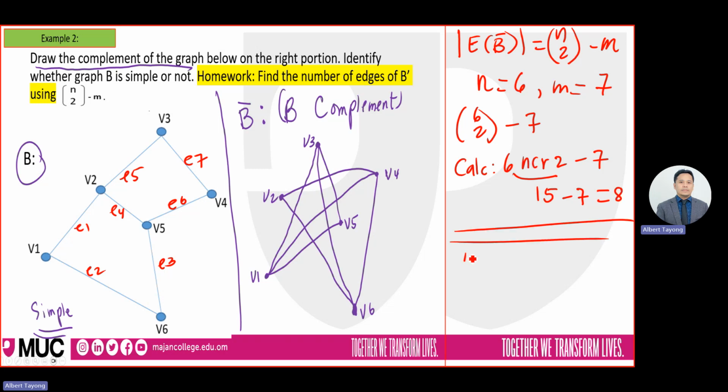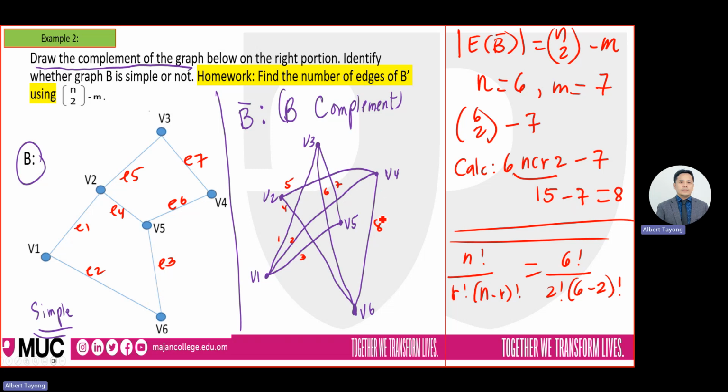Or you can use the formula, of course. It's going to give you 15. That is 6 factorial over 2 factorial and 6 minus 2 factorial. It will be 15. So if we're going to check, here we have 1, 2, 3, 4, 5, 6, 7, 8.